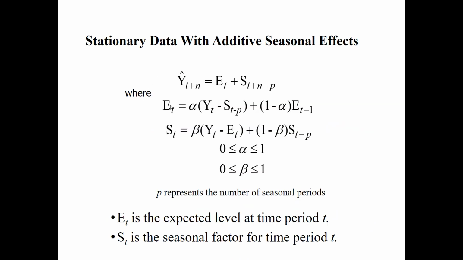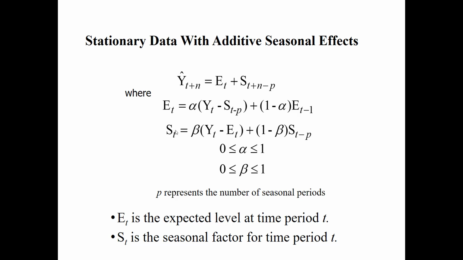The expected level itself is a combination of the real observation minus the seasonal effect at time t minus p, and the previous expected level. So each expected level is adjusted based on the previous expected value.